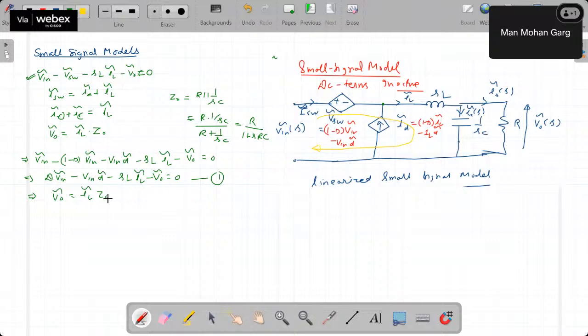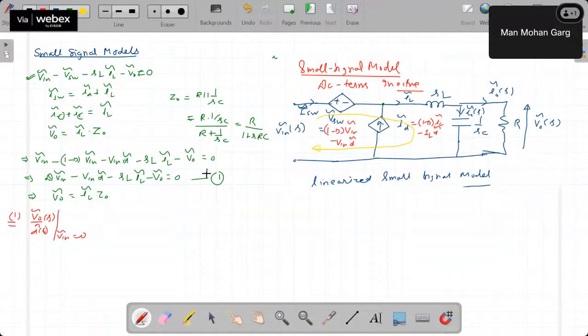Okay. Now, let us say we want to find the relationship between, we want to get this transfer function V naught of S with respect to D of S. For example, let's say I want to get this transfer function. So when I am finding the effect of D on V naught, at that time I will not take into consideration the effect of the perturbation in V in, I will say this is 0.